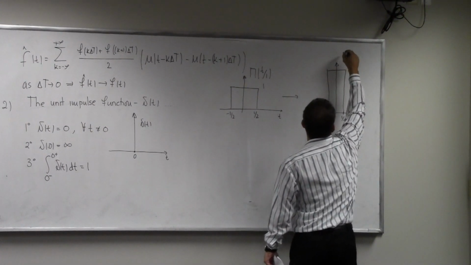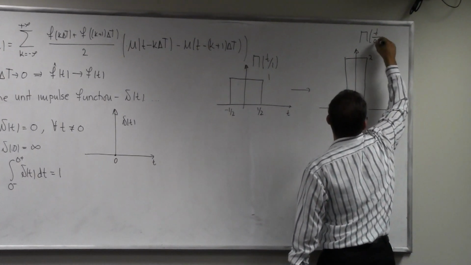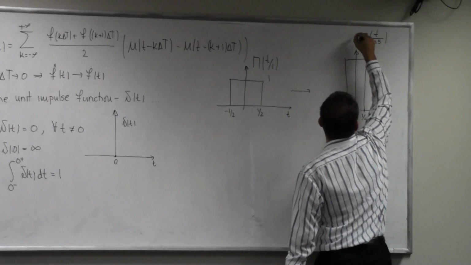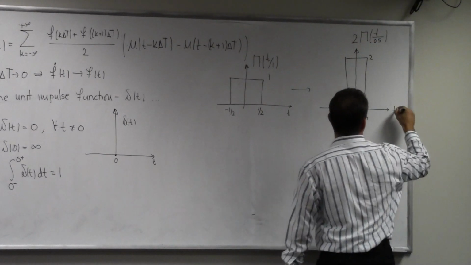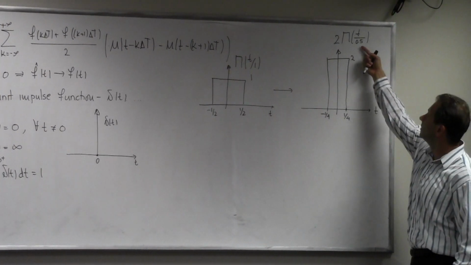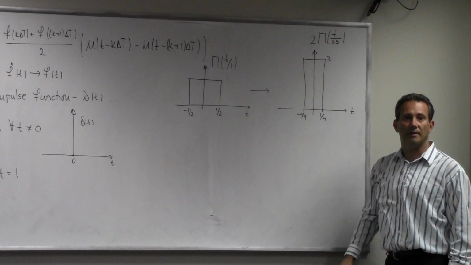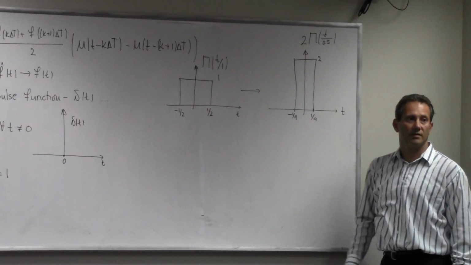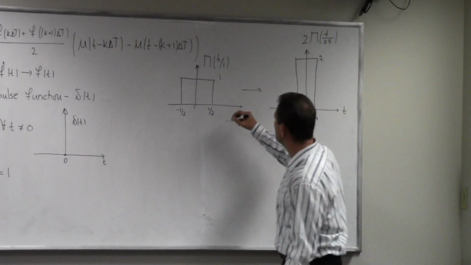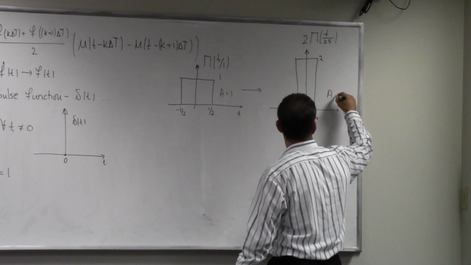So this is now pi of t over 0.5, and then 2 times in front of it, right? So this is this pulse here. It is 0.5 wide, and it's 2 high. What is the area under the curve here? 1. So let me put it here. Area is equal to 1.